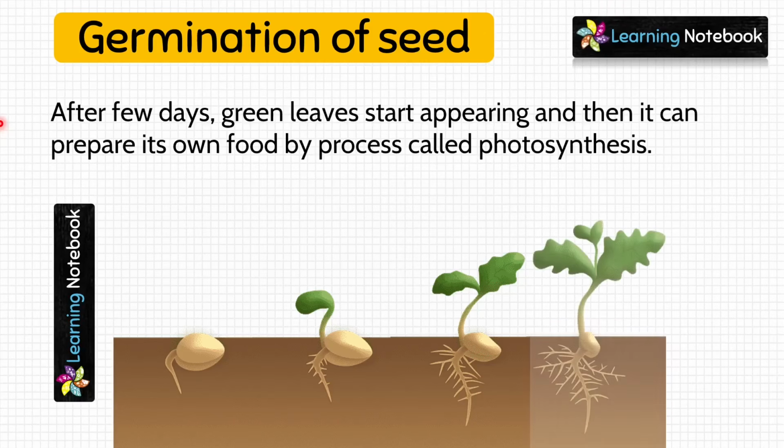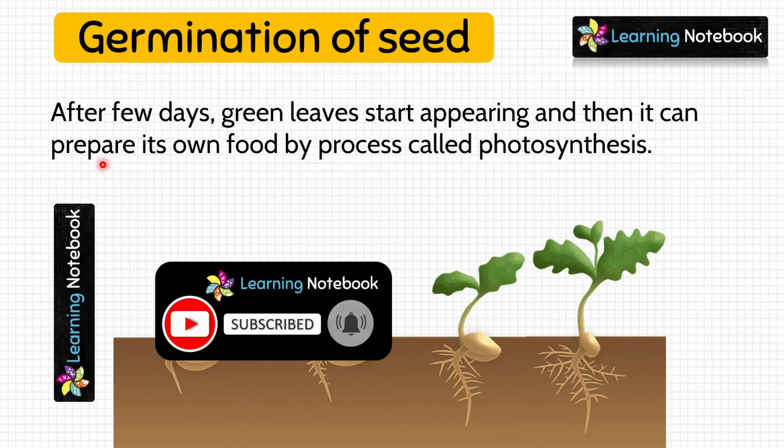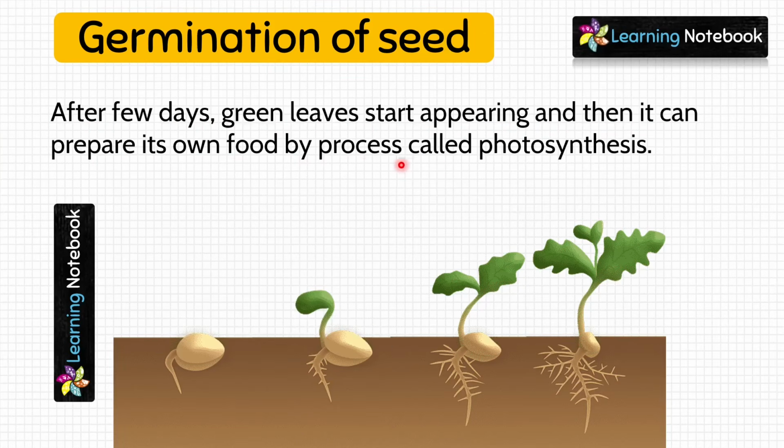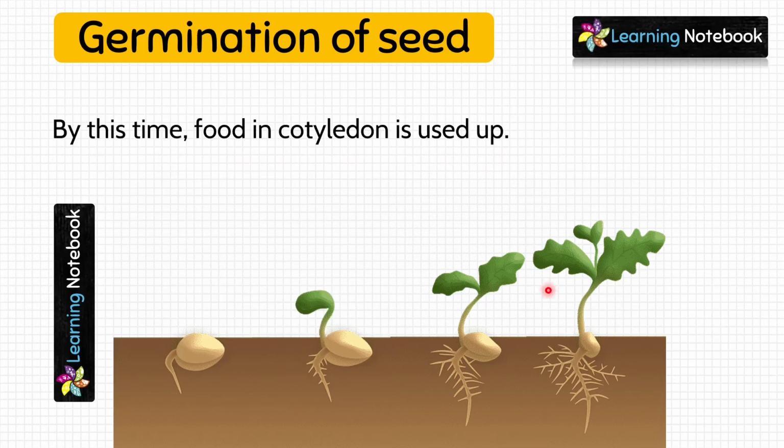And after a few days, green leaves start appearing, and then this small plant can prepare its own food by a process called photosynthesis. Also by this time, food in the cotyledon is all used up.